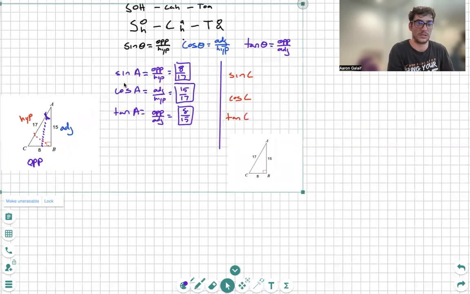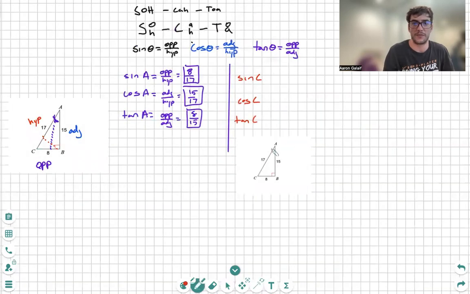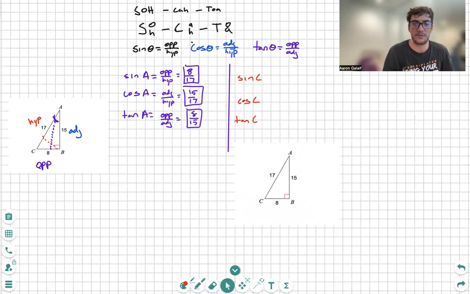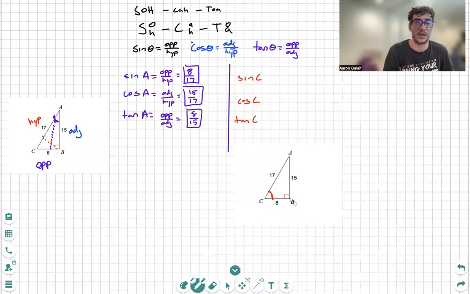And here we go. First, label. Let's make this triangle a little bigger just so we can mess with it. First, please label the angle of C. And then let's say what's opposite and hypotenuse. So we know that across the 90 is my hypotenuse. My longest side is my hypotenuse. Now we just need to find adjacent and opposite.